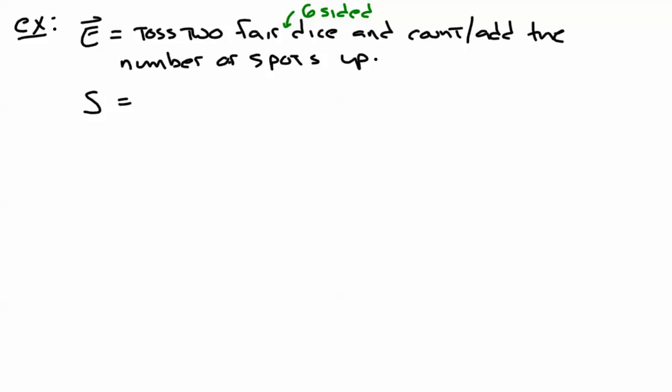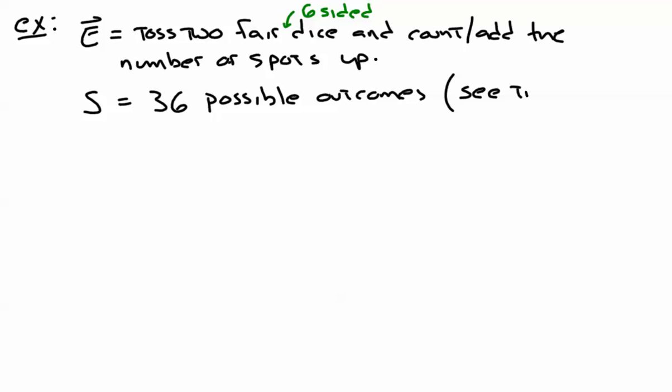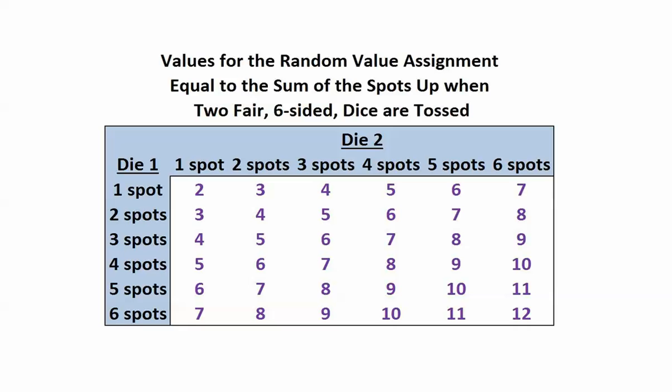My sample space is going to have 36 possible outcomes. And those outcomes are represented in this table. Don't worry too much about the title of this table.